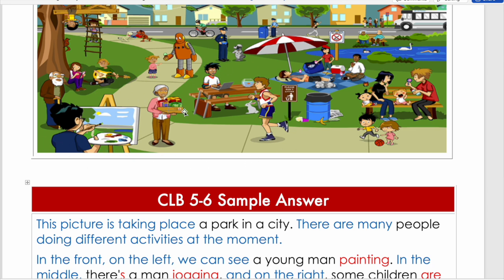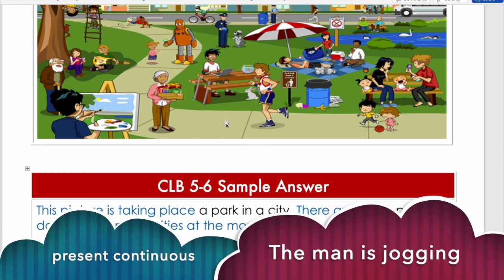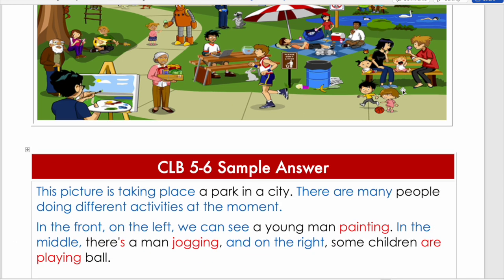In the middle, we're still talking about the front, there's a man jogging. Very good. There is a man jogging. Present continuous is jogging. And on the right, some children are playing ball. Okay, very good.